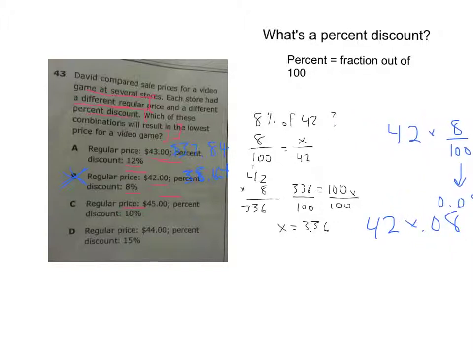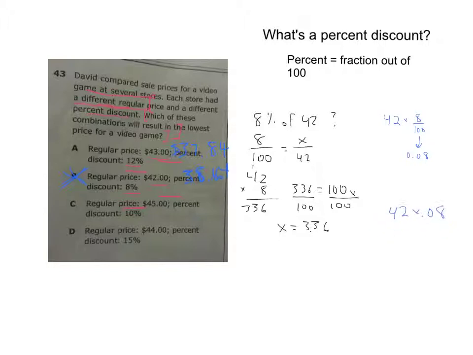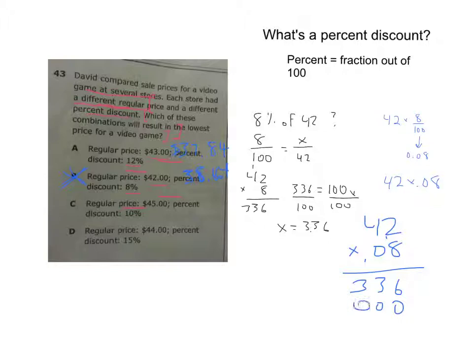And when we do that, we should get the exact same thing, 3.36, as we got earlier. Yes. Move the decimal 2 places, 3.36. So again, that's $38.64, and we're going to try this new strategy for choices C and D.